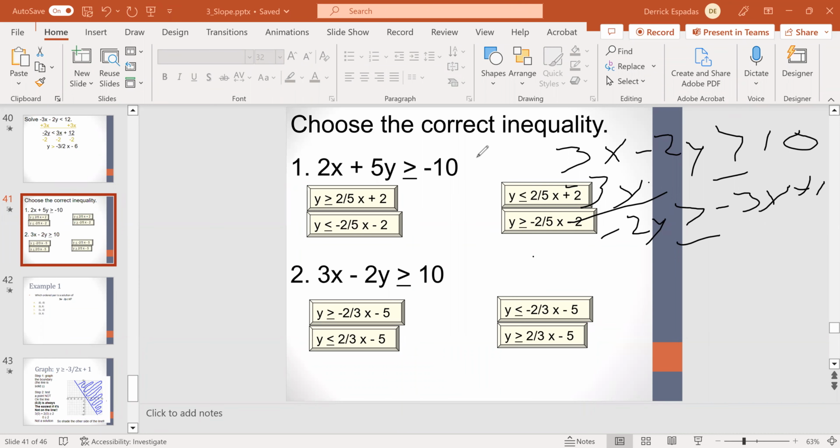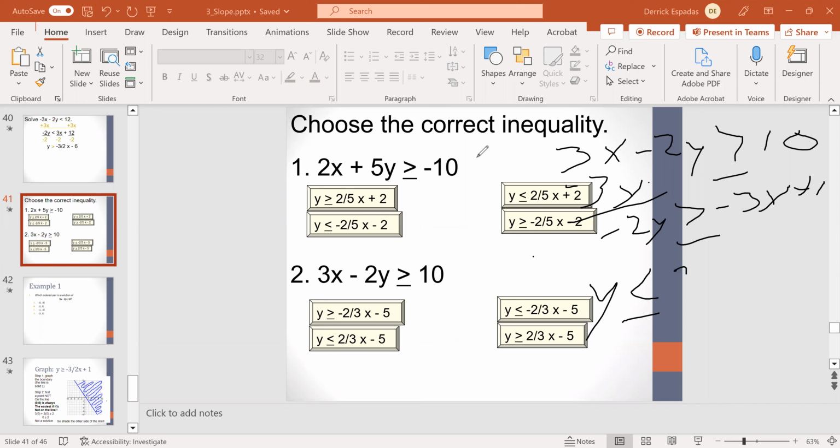So negative 2 times y, we're going to divide by negative 2, which just leaves that with y there. Because we divided by a negative, we're going to flip our sign. We keep that equals. Negative 3x divided by negative 2, negative and negative make a positive.